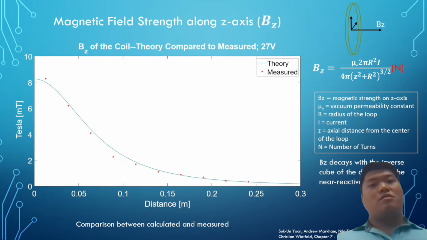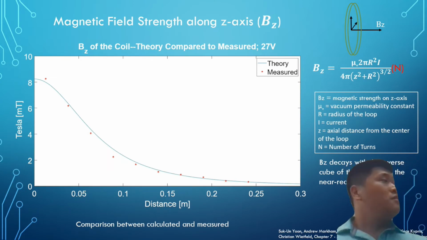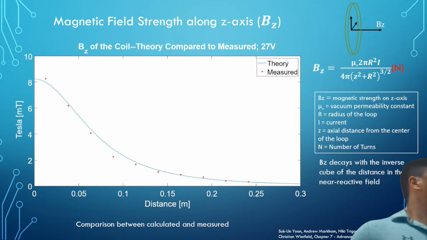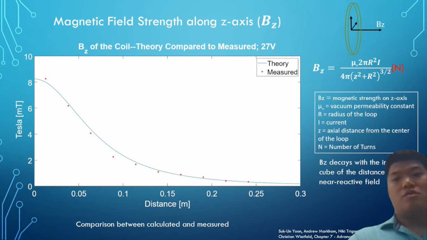So now using 200 as N, I was able to plot this equation against the distance from the center of the loop. The x-axis here is the distance, the value of z in this equation, and the y-axis is my magnetic field strength.